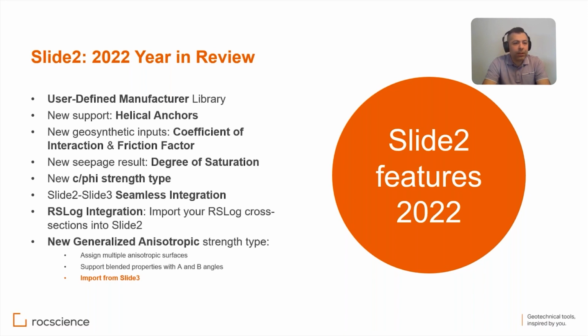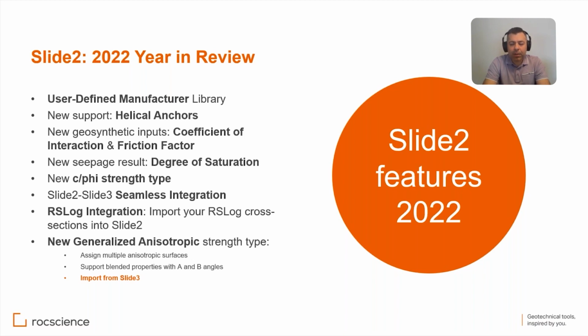We worked a lot on the seamless integration of Slide2 and Slide3. We added a major option of RSLog, our new logging management software, and the integration with Slide2. So you can import RSLog cross sections into Slide2 software.